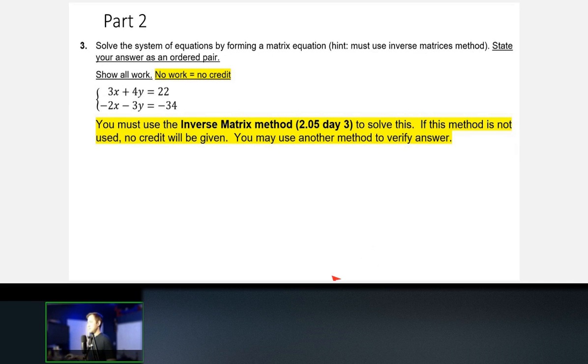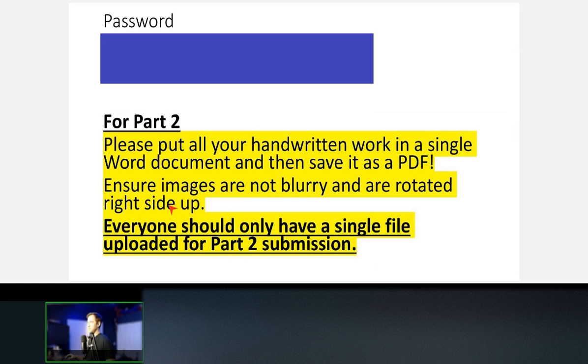All right, so going on to the actual password. Before I show you the password, for part 2, please put all your handwritten work in a single Word document and then save it as a PDF. You can take pictures of it using your phone, put them in the Word document, and make sure you blow up the picture so it's a full screen per picture. Then go to File, Save As, and select PDF as an option.